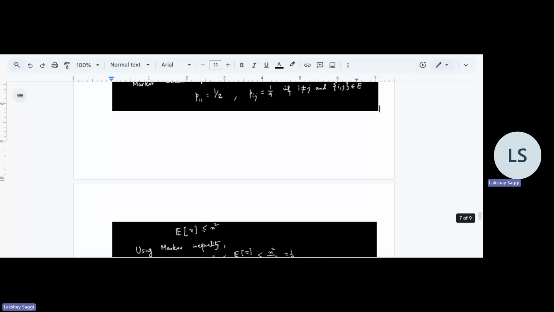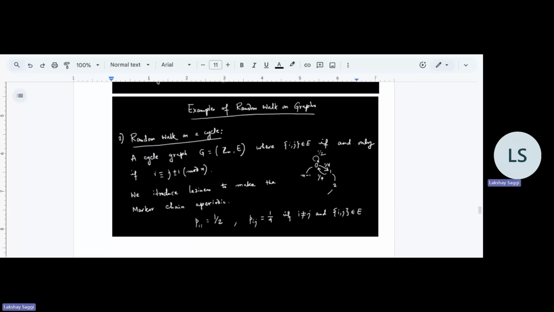Suppose this is the Markov chain at hand. Then from 0 we'll be transitioning to 1 with probability half, and similarly to n minus 1 with probability half. We won't be staying at 0 with any probability. And then from 1 we can come back to 0 with probability half, and so on.